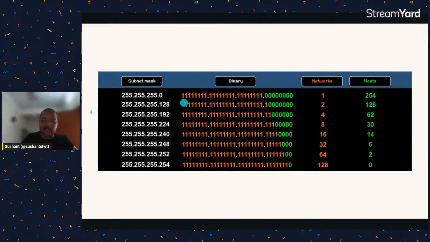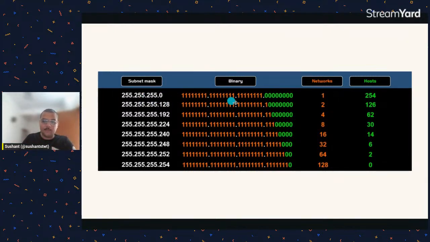Now, this is a good image for visualizing stuff. So this was the subnet mask we were dealing with till now. But if you are a big corporation and you want to have multiple routers, for example, a router for your IT department and a router for your finance department, and you want to segregate all those things, you basically change the subnet mask.